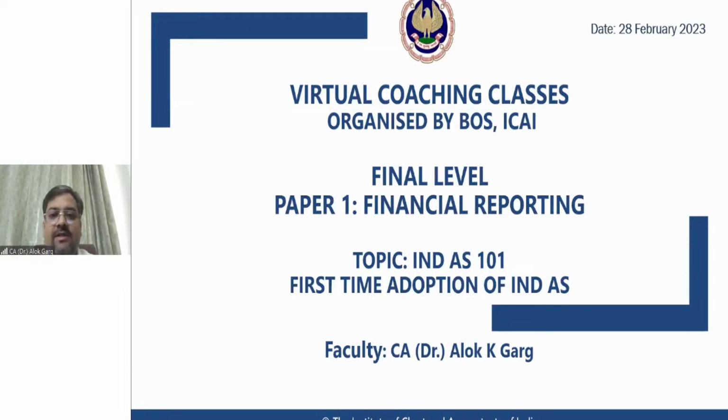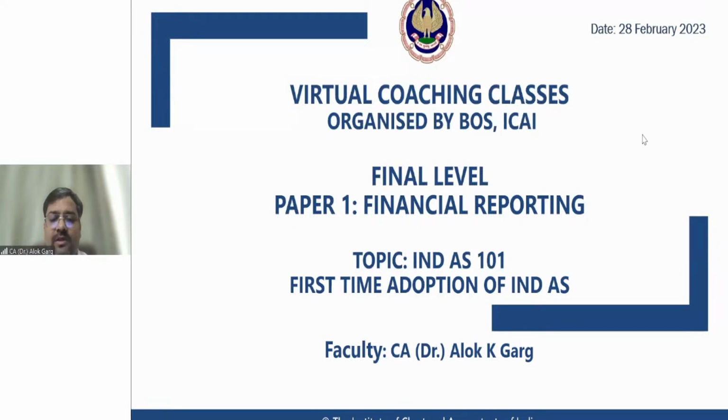So students, in the last class, we started Ind AS 101 and discussed why this standard has been taken at the end, after completion of all the standards. And you gave the right answer: this standard has been taken at the end because to understand it, you should have knowledge of all the other standards. This standard does not talk about any recognition criteria or measurement criteria.